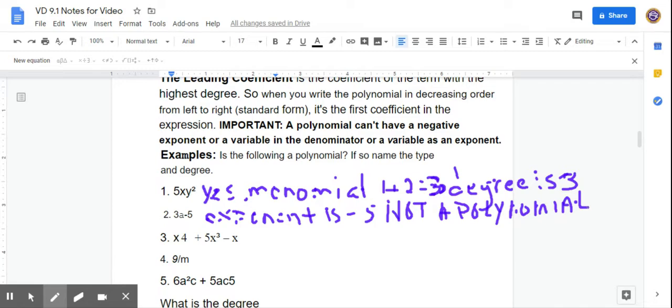Next, x to the 4th plus 5x cubed minus x. I don't know why the 4 came down. So it is a polynomial. It has 3 terms, 1, 2, 3. So it is a trinomial.